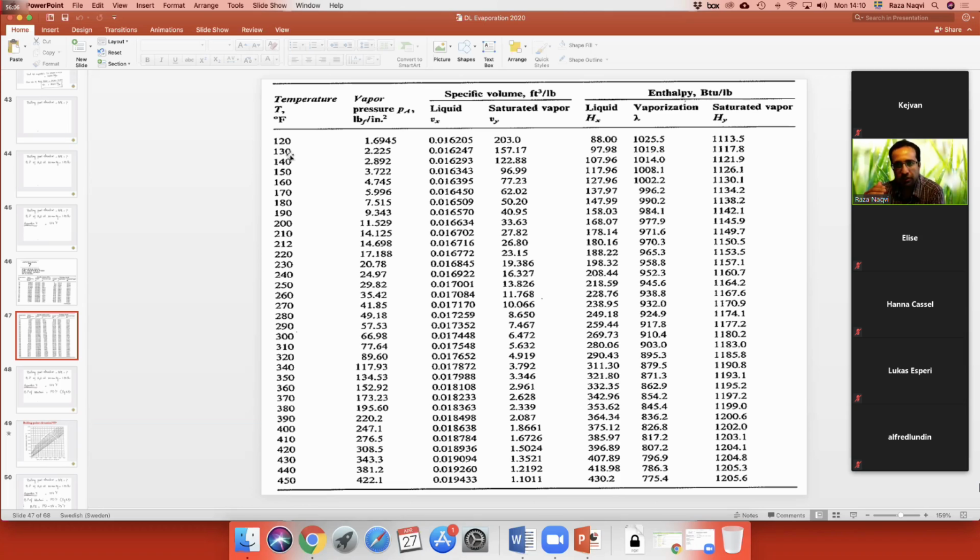But how you do the steps, how you check the values, it is very important. So for example, the right number is, let's say, 1100 BTU per pound, but you have used maybe like 1095 or 1120. A little bit of the difference. It will not matter in your assignments.